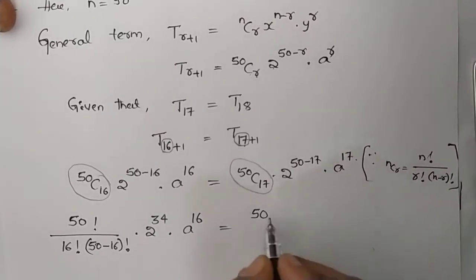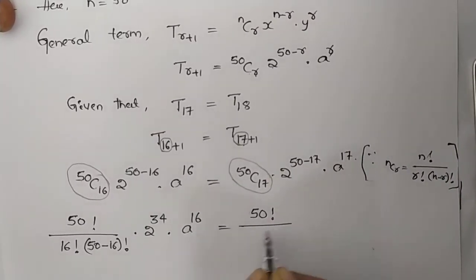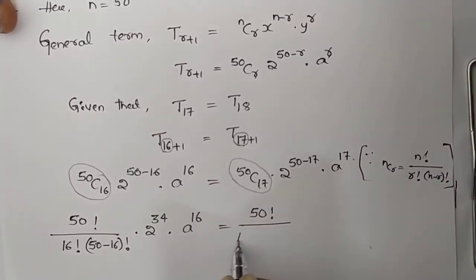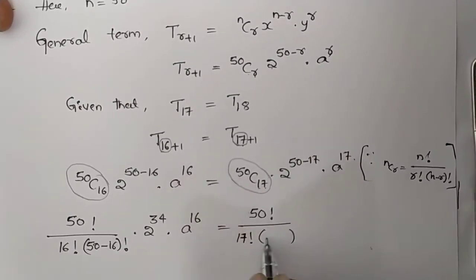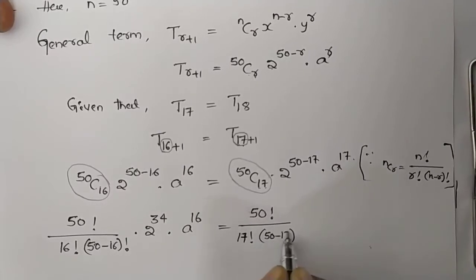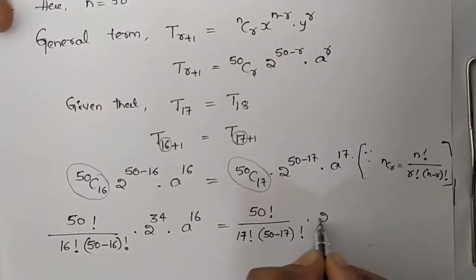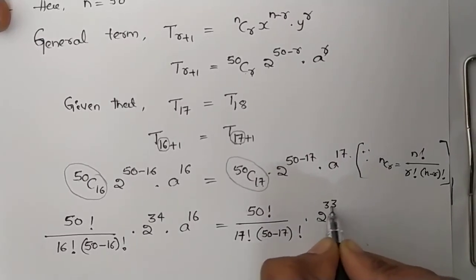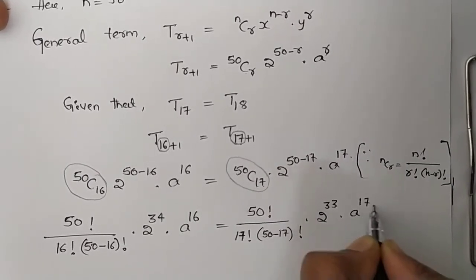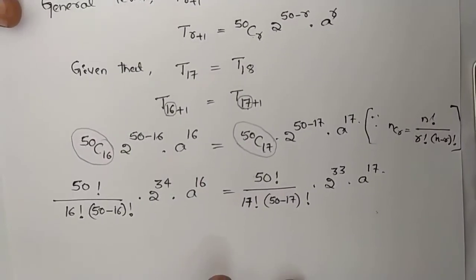Apply this formula: 50 factorial divided by 17 factorial into (50 minus 17) factorial, that is 33 factorial, into 2^33 into a^17.